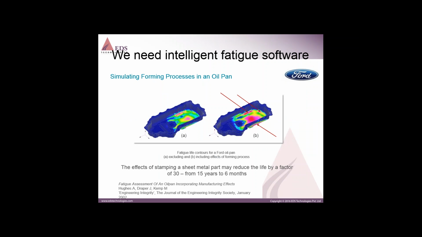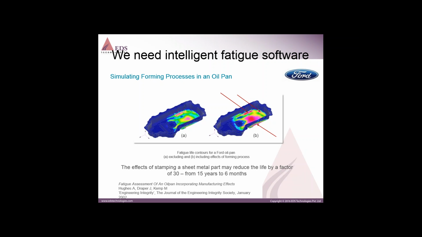I have another case. This case study is from Ford. There is a fatigue assessment study of an oil pan, done taking into account the forming process in the manufacturing. The FE-SAFE results on the left, you can see there, excluded the residual stresses caused by the stamping process, whereas the right hand side is with the stamping process included.